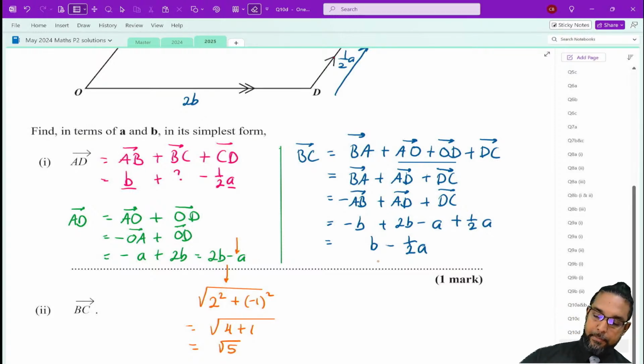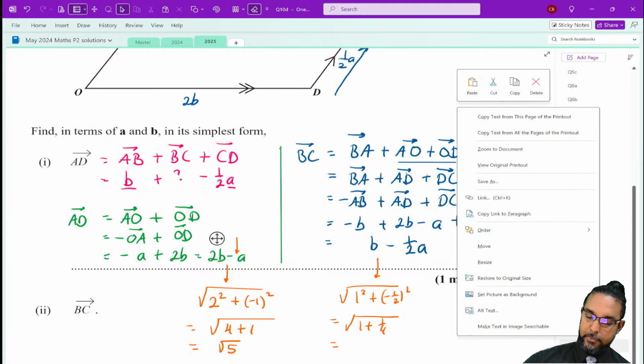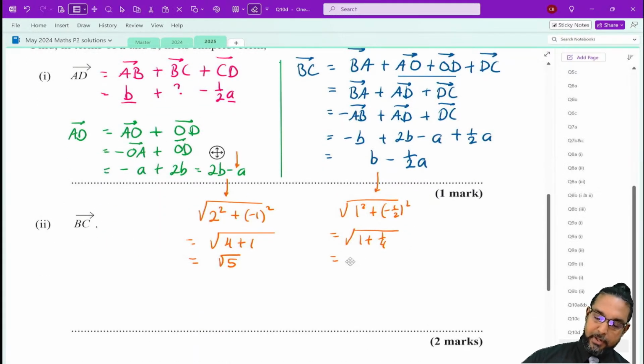Now, for the other one here, this is the square of 1 plus the square of minus a half. So that's 1 plus a quarter, which is the root of 5 over 4, which is the square root of 5 over the square root of 4.